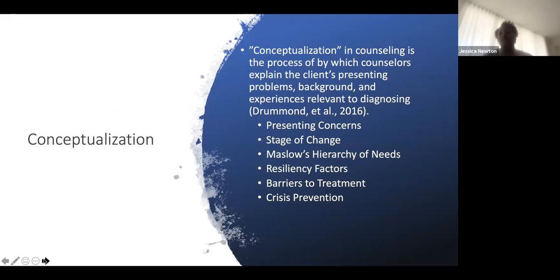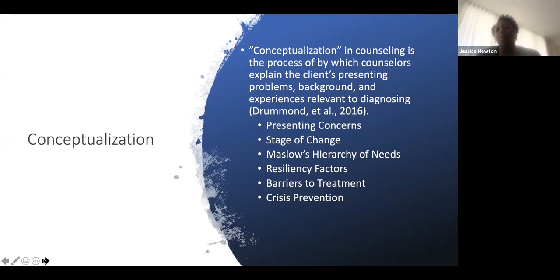Within the conceptualization, what are the factors and the things that are important from the interview to the composition of the assessment itself, and then ultimately to the treatment for the client.